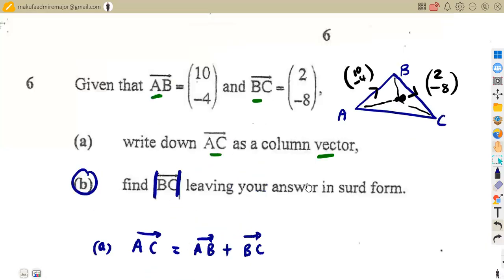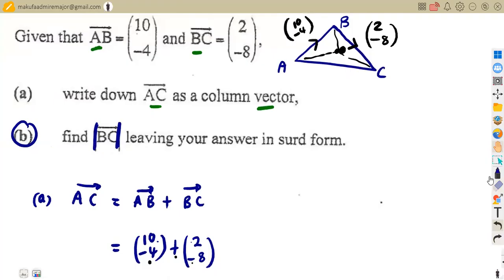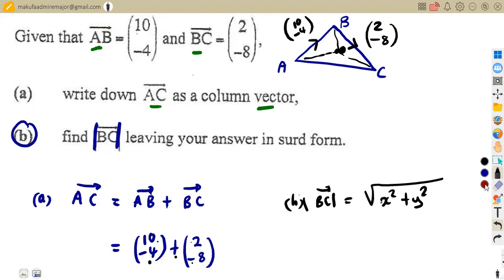So let us check. We have our BC already here. So remember the formula for the modulus. We stated that the modulus of a vector is given by the square root of x squared plus y squared, whereby this is our x and this is our y. So we are going to have the square root of x squared, which is 2 squared in this case, plus the value of y there, which is -8 squared.